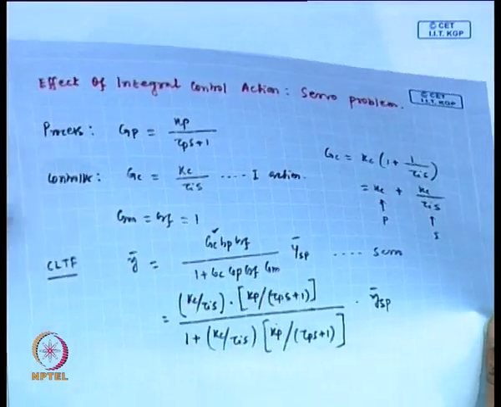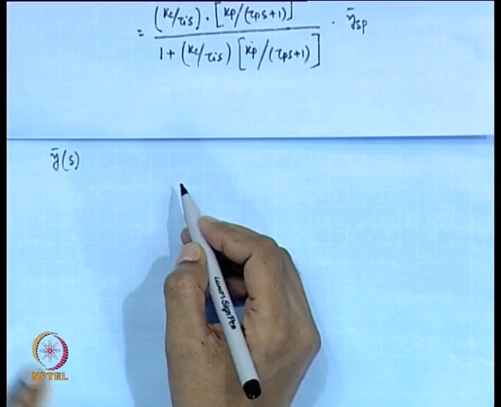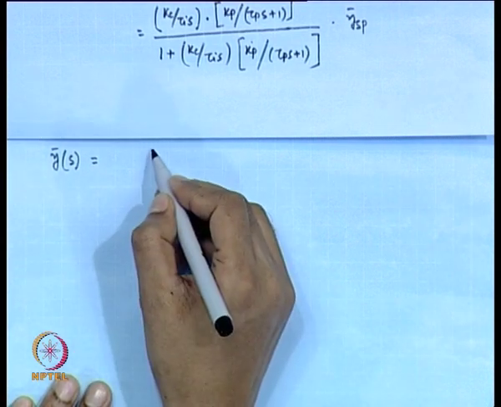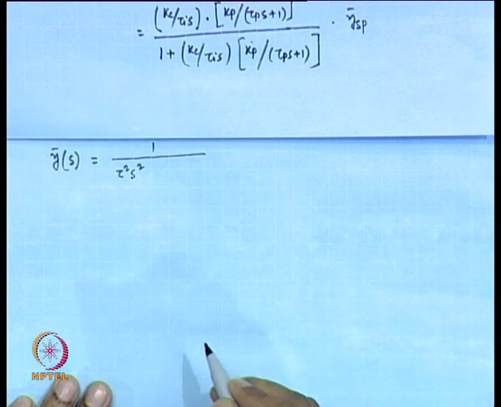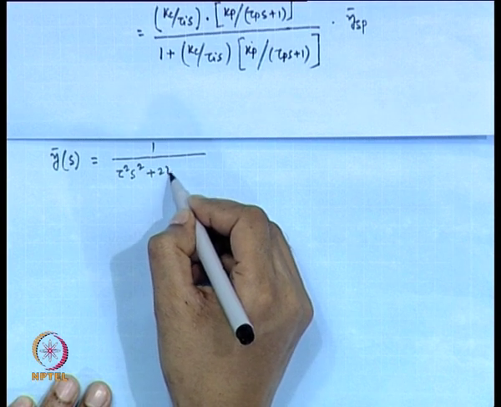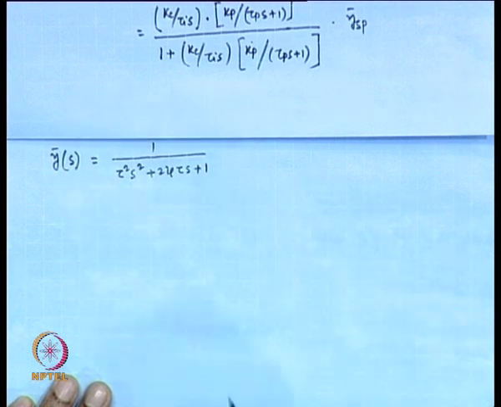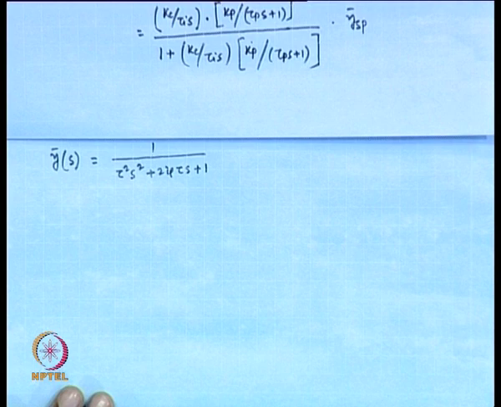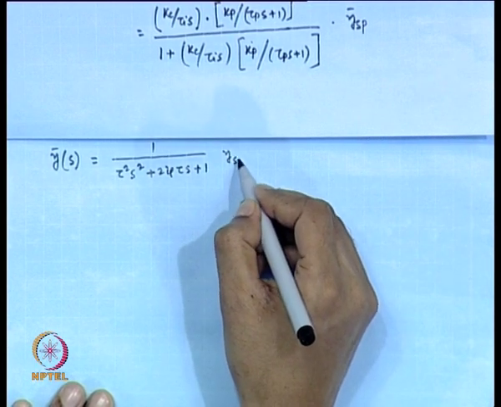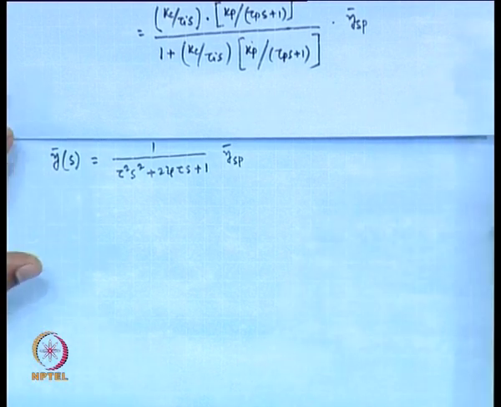Fine. If we simplify this expression, then we obtain y bar s equals 1 divided by tau square s square plus 2 zeta tau s plus 1, multiplied by y set point bar.